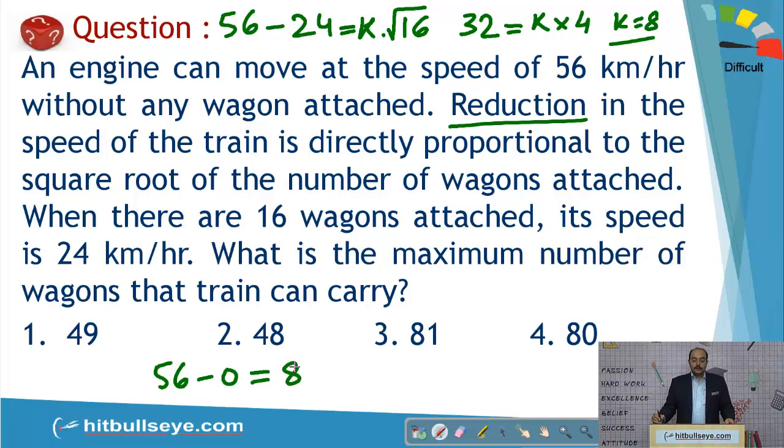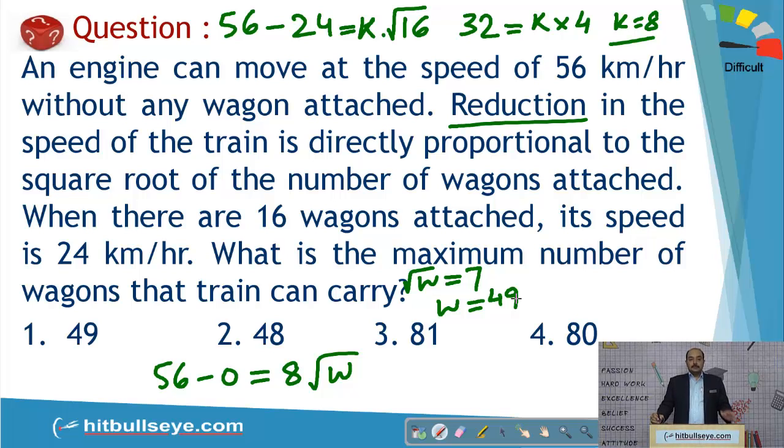multiplied with square root of w. We can solve it, this gives us root w as 7, which gives us w as 49. Now, is this your answer? No, it's not.